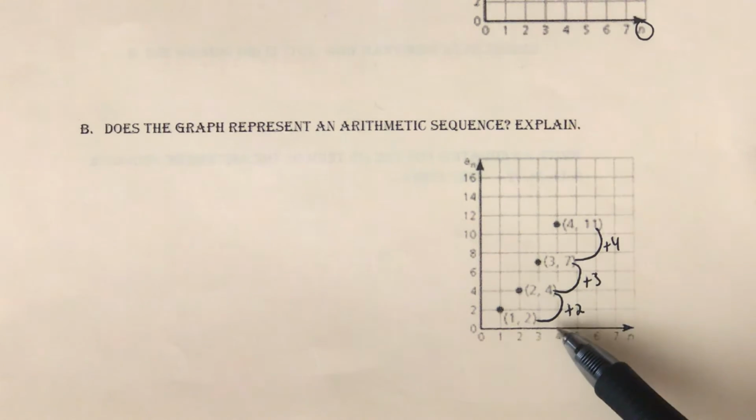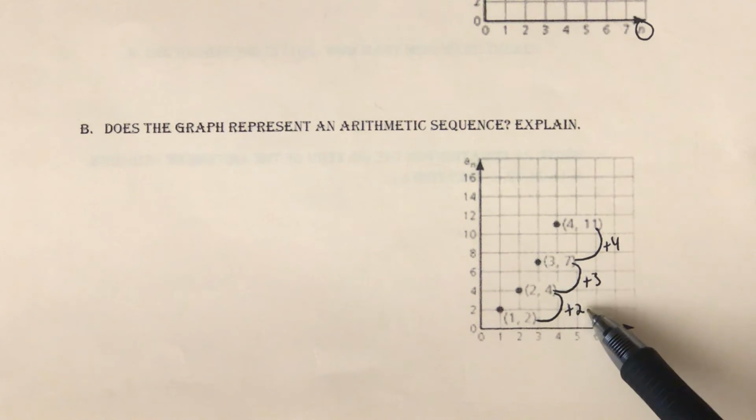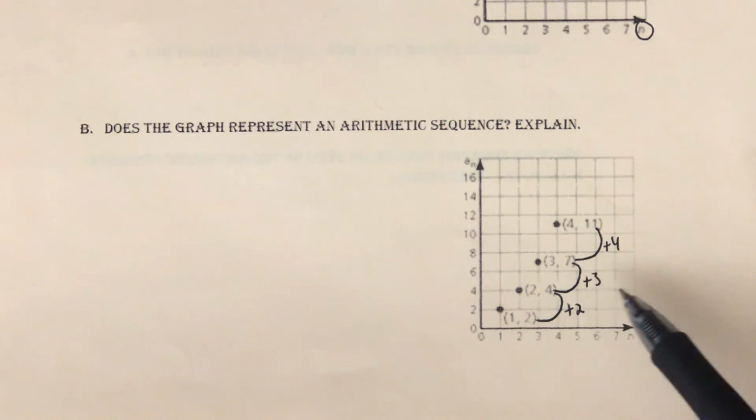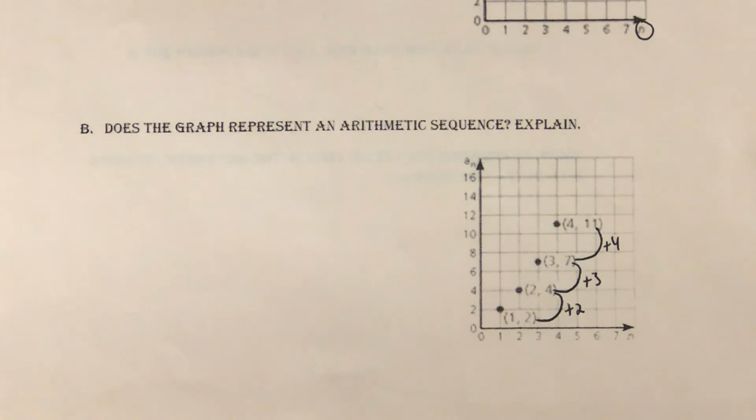It moved from the first term to the second term by 2, but from the second term to the third term by 3, and from the third term to the fourth term by 4. So there's not a common difference. And because there's not a common difference, we know that this graph does not represent an arithmetic sequence.